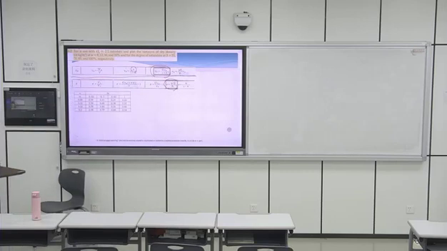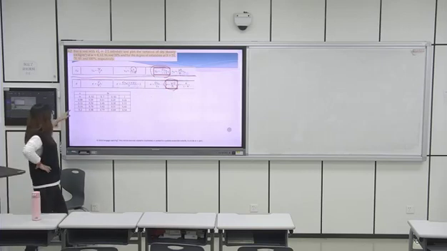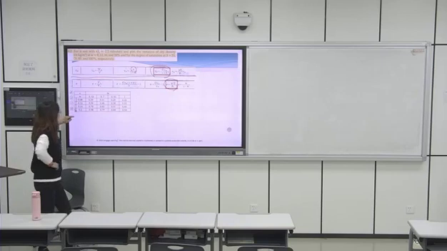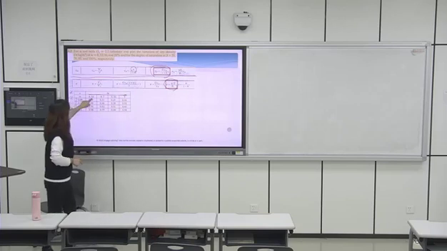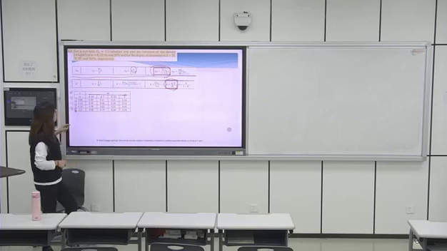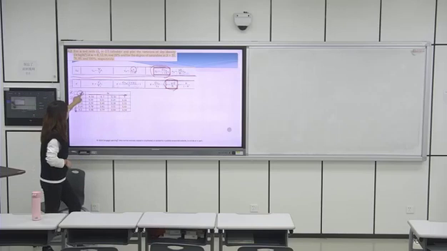So if we know the water content is this, and we know the degree of saturation is this, what is the void ratio? The void ratio for this water content under saturation degree 0.45 is this.